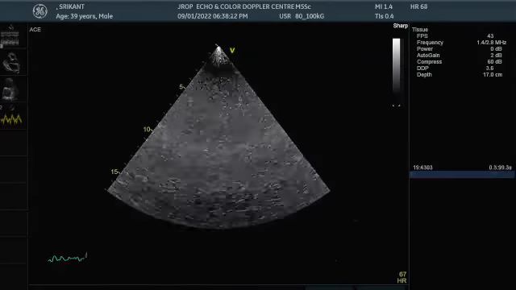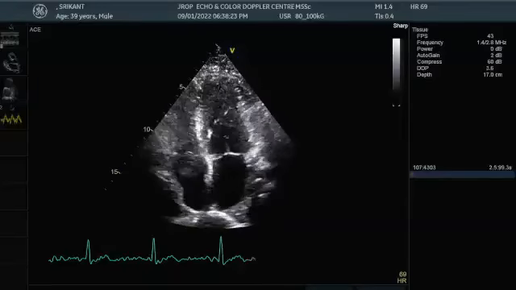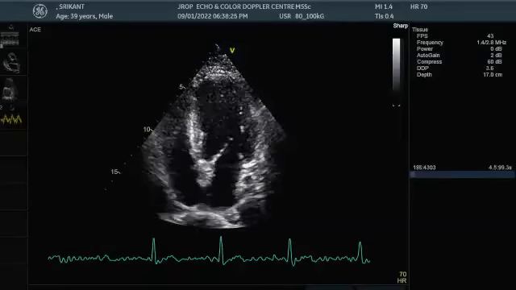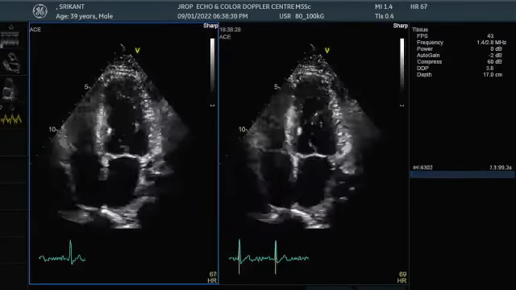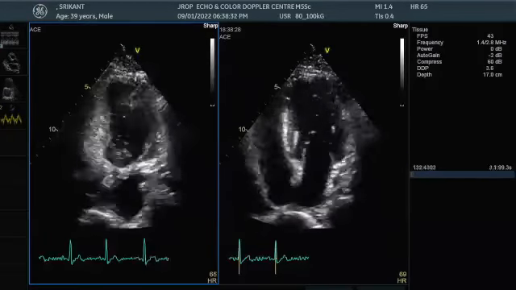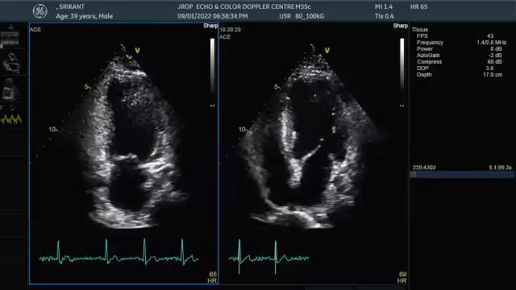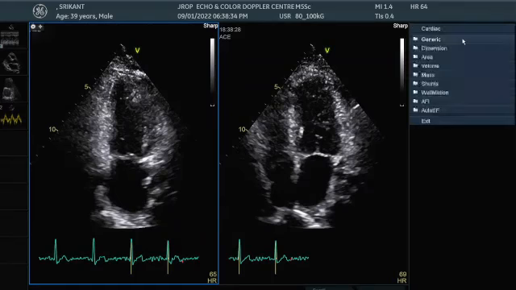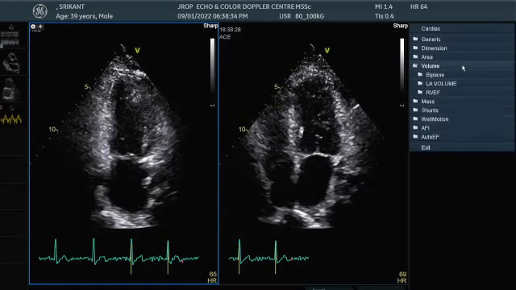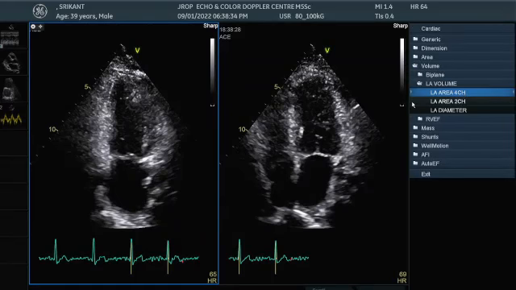I have to go back again because the ECG gating did not show the same pattern. Now I'm going to get 4 chamber and 2 chamber. Now our machine is not synchronized. I'll go and measure my LA volumes. LA volume is by 4 chamber. I'm going to measure my medial annulus, trace down the LA.